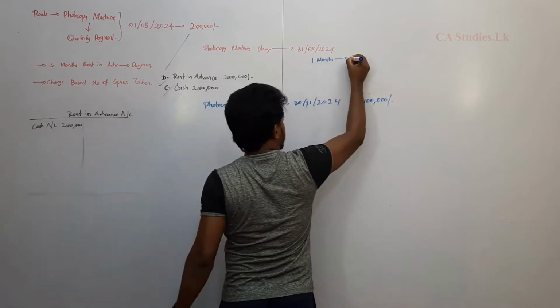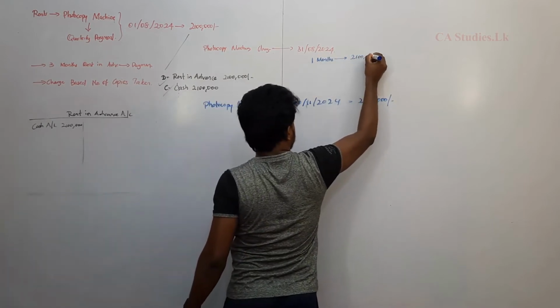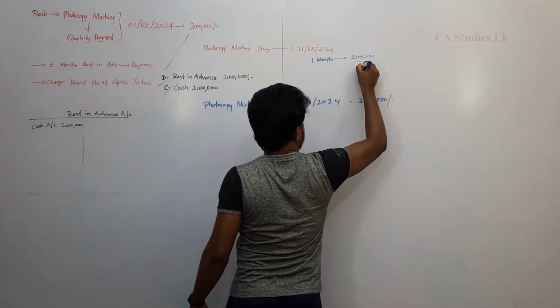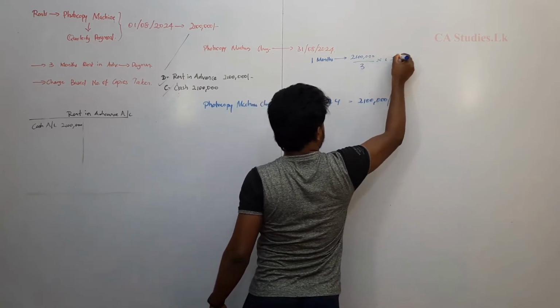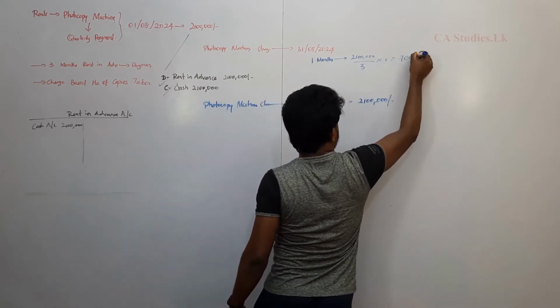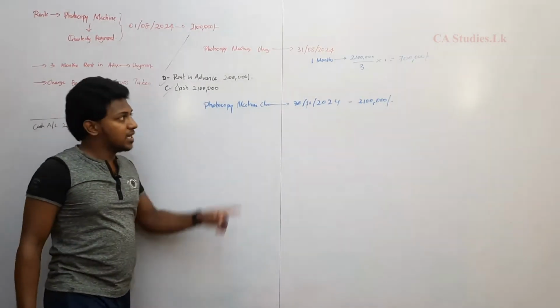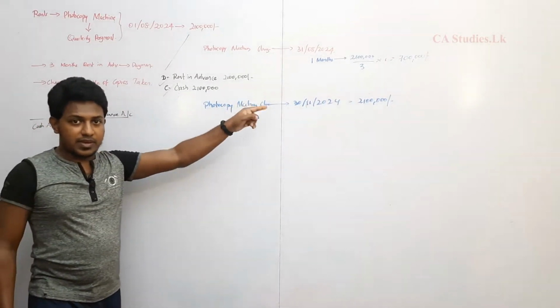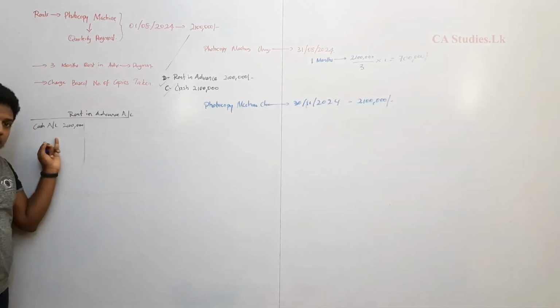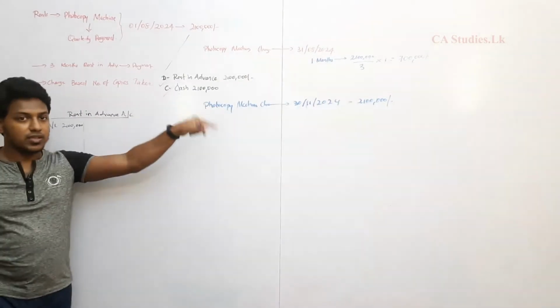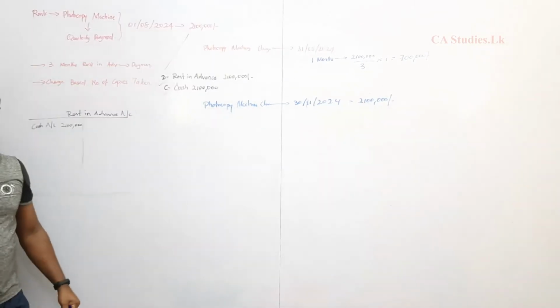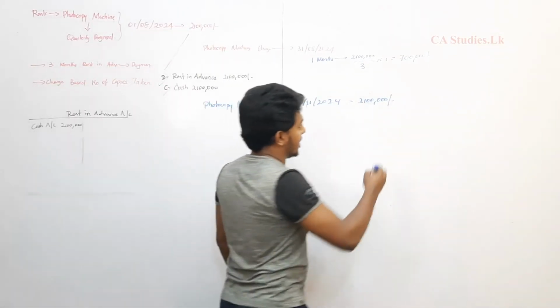So 2.1 million is for 3 months. 1 month is 700,000. So the cost of the rent is 700,000. From the prepayment of 2.1 million, 700,000 we have to charge for 31st August. Now let's pass a double entry for them.